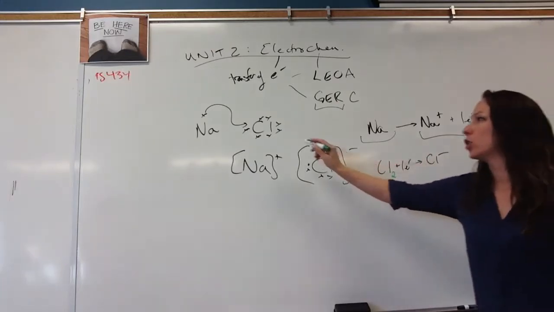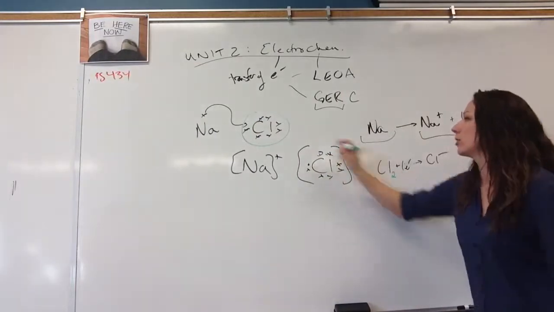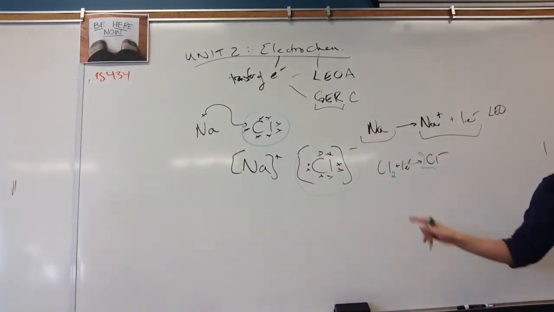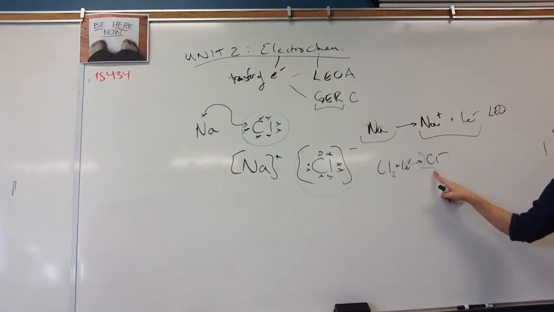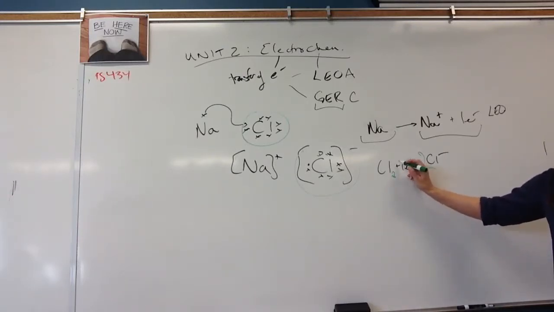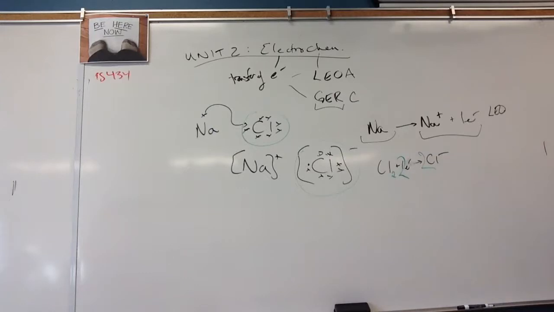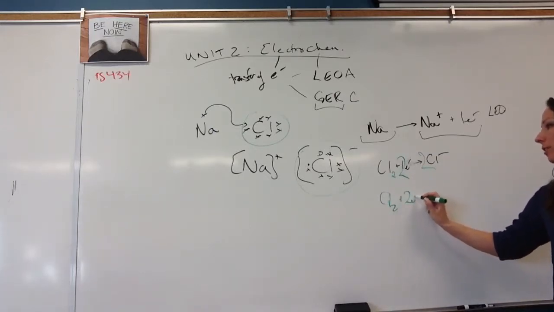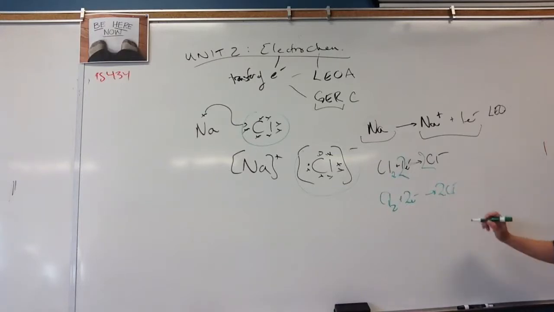Therefore, if I have 2 of these, I'm going to get 2 of these. So that becomes a big 2 because they're separate. These are attached. This is separate. And each of them gains an electron, therefore 2 electrons are gained in total. So I've got Cl2 plus 2 electrons becoming 2 Cl-. This is a gain of electrons, which is reduction, and that reaction will happen at the cathode.